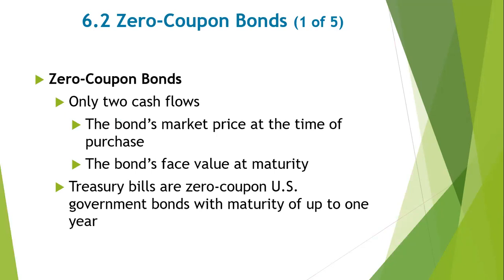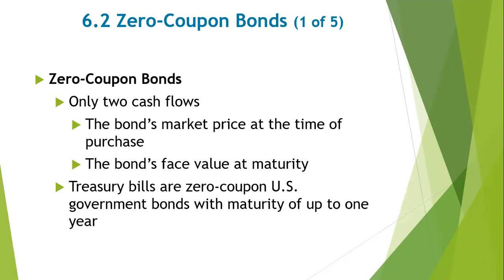The overarching term for risk-free zero bonds is what we call STRIPS, which stands for Separately Tradable Registered Interest and Principal Securities.